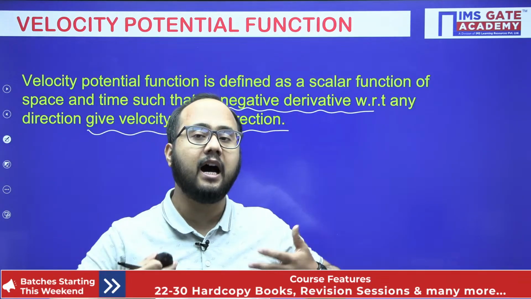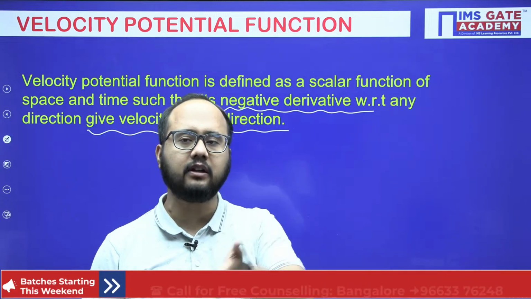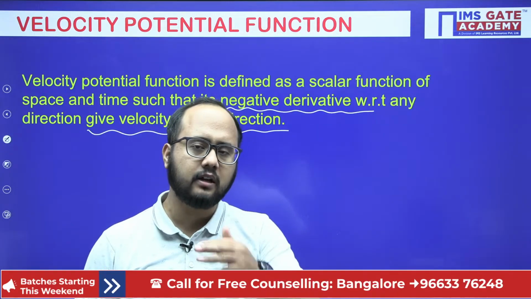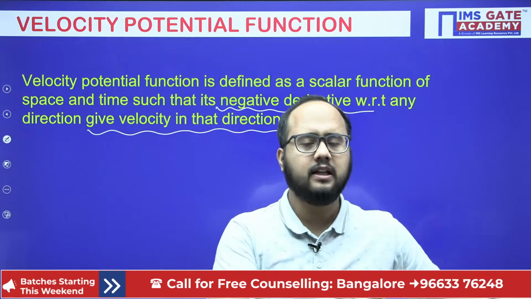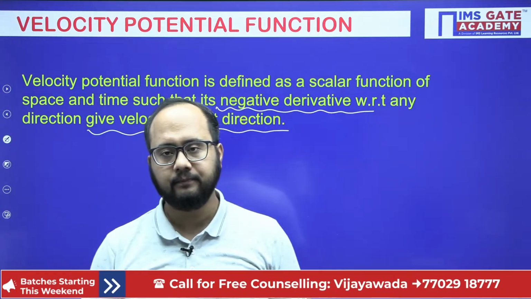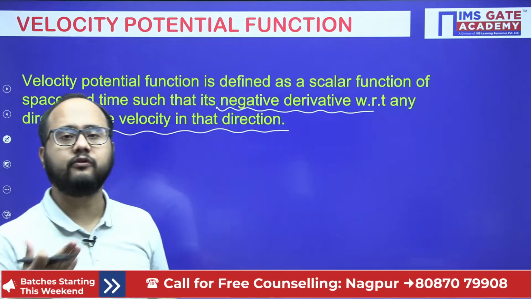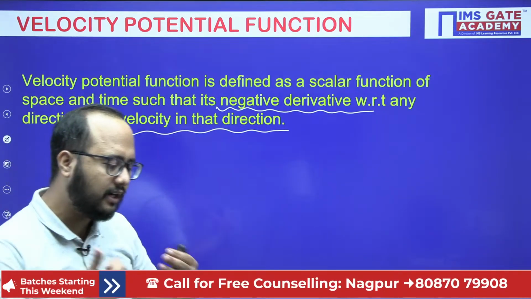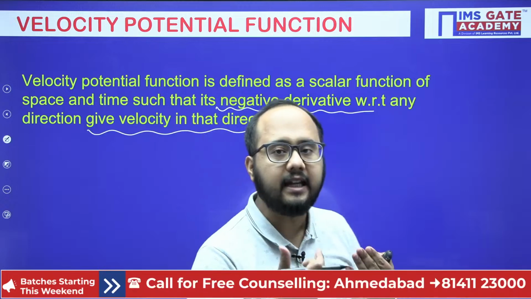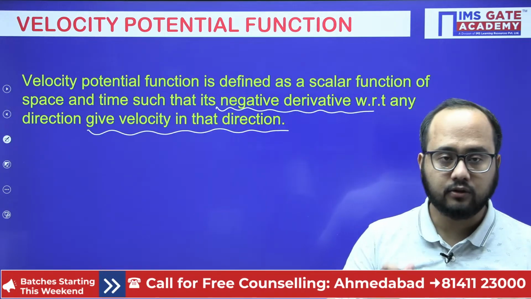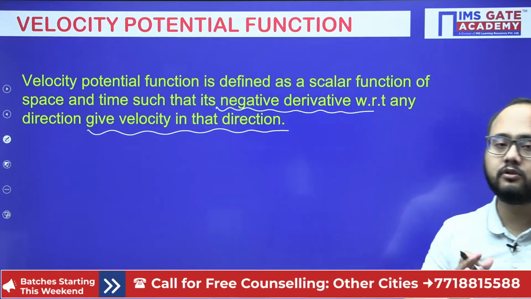So it's for our convenience. With this function, I can define the velocity at any point, and once velocities are known, I can easily calculate the acceleration as well, right? This is the advantage we have by defining such functions. This function makes our analysis very easy, and this is the point that everyone should understand here.